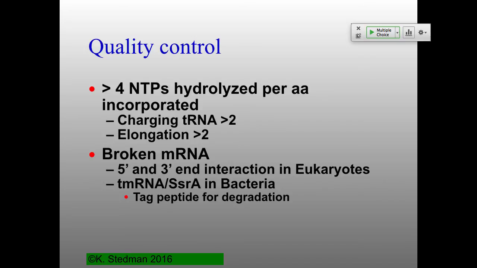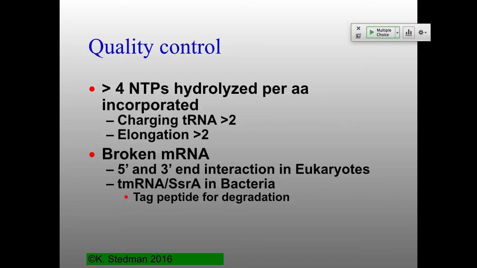And so what that means is the cell wants to have ways of making sure that if something is wrong with your messenger RNA, you don't burn all of these nucleotide triphosphates and waste all of this energy. So there are a number of processes for dealing with problems that happen with your messenger RNA.